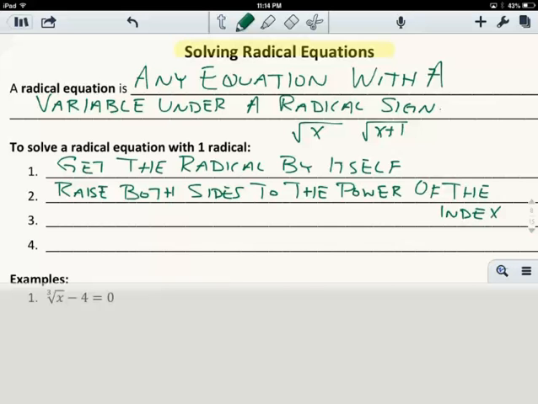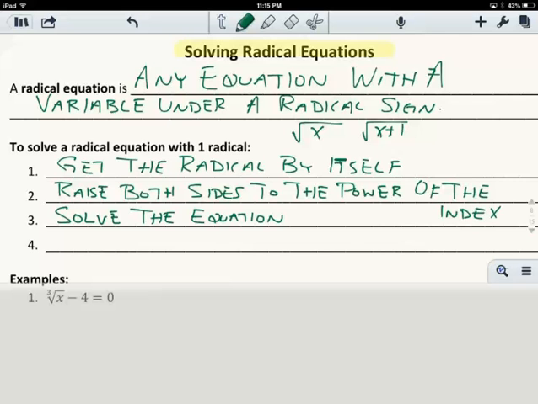So if it's a square root, you're going to raise it to the second power. If it's a cube root, you're going to raise it to the third power, so on and so forth. From there, you're just going to solve the equation. Just like you would any other equation you've done at any point in your mathematical career.